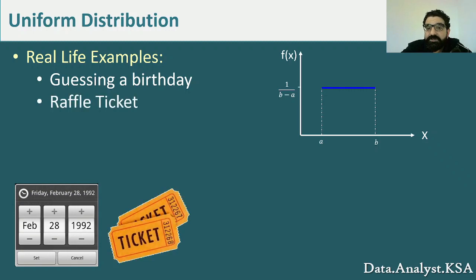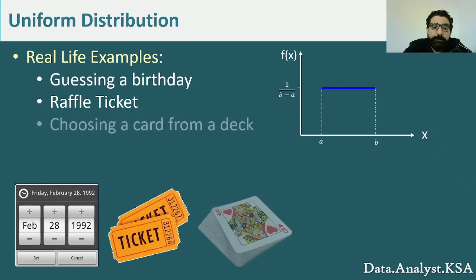Also a raffle ticket. For example, the raffle tickets are generated between 0 and let's say 10,000 or 100,000 tickets. Every ticket has an equal chance of getting selected. So the ticket population represents a uniform distribution.